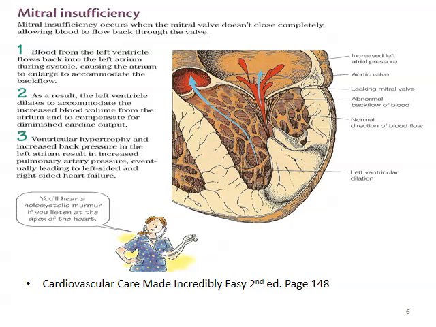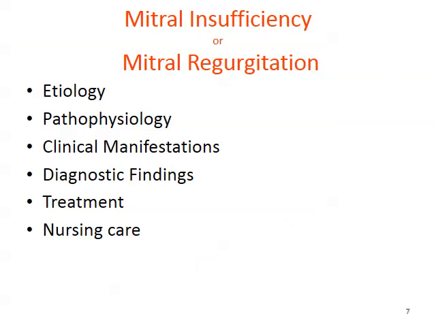Next, we're going to talk about mitral insufficiency. Here's a little slide that gives you some information on that. Okay, mitral insufficiency or mitral regurgitation, as it's called, is basically fibrotic and calcific changes occurring in the mitral valve, and these prevent the mitral valve from closing completely during systole.